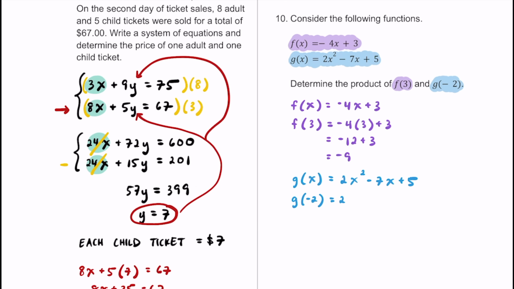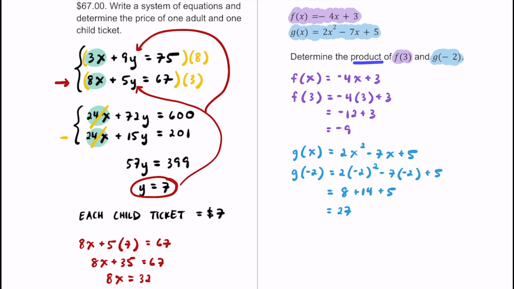That's going to be 2 times this negative 2 squared minus 7 times negative 2, and then plus 5. Now negative 2 squared is going to be positive 4. Positive 4 times 2 is going to be 8. And then we have negative 7 times negative 2, so that's positive 14. Then we add 5. Now 8 plus 14 is 22. 22 plus 5 is 27.